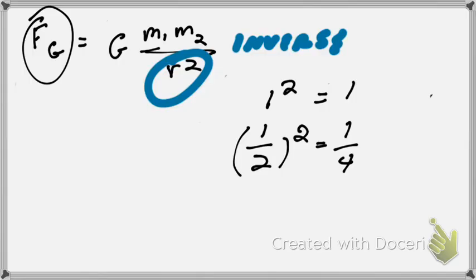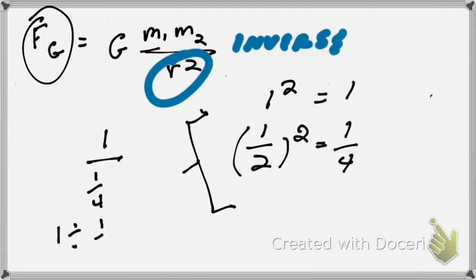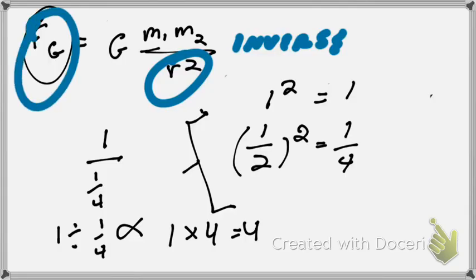So the way I look at this is kind of like this: 1 over 1 over 4. So 1 divided by 1 over 4 is the same thing as 1 times 4, which is equal to 4. So in this circumstance, the gravitational force has been multiplied by 4. You see the difference? All right.